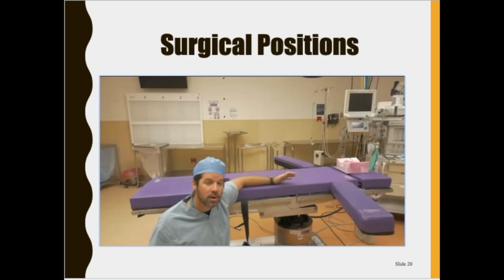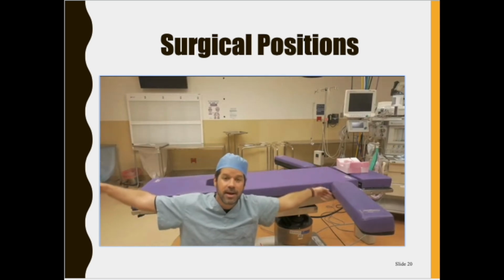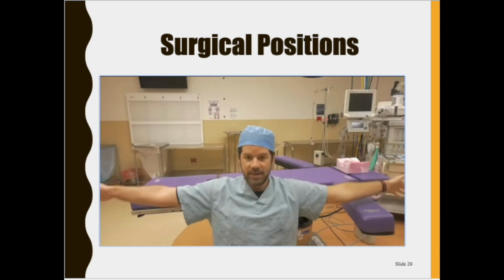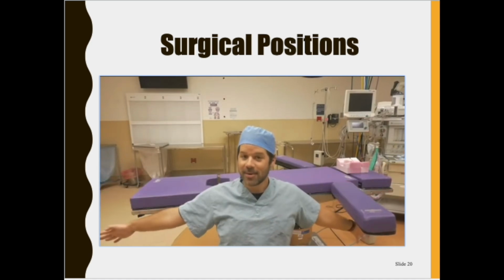Arms can be out or arms can be tucked. If your arms are out, they say that you should not keep the arms out more than a 90-degree angle. So instead of a 90-degree angle, you want it just a little bit lower.